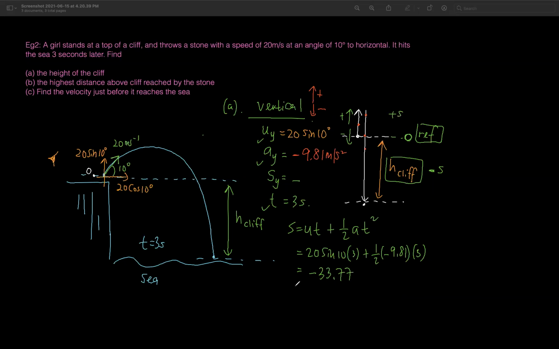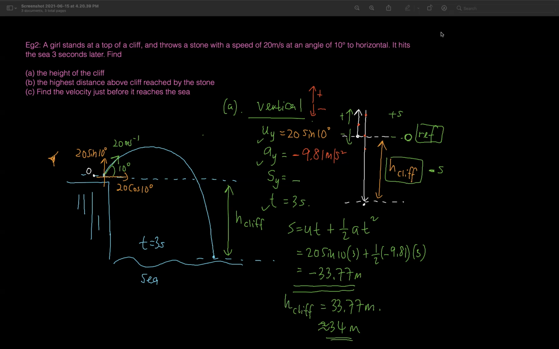So that's why your answer has a negative here. Okay, negative 33.77 meter. So I can say that the height of the cliff is, I take away the negative, 33.77 meter. I can just write 34 meter approximately. Okay, that's for A.